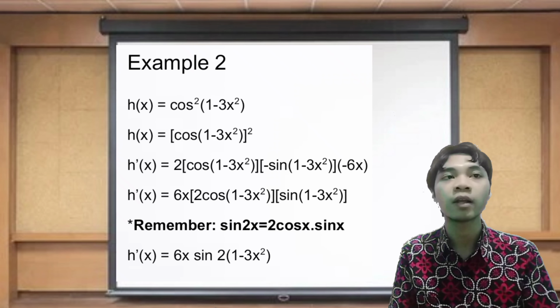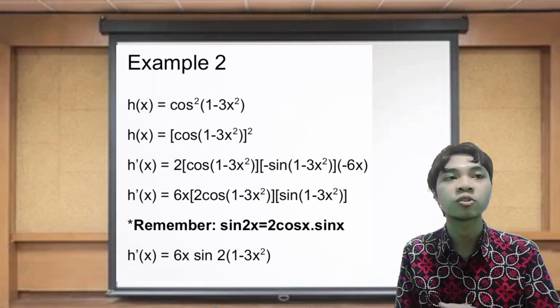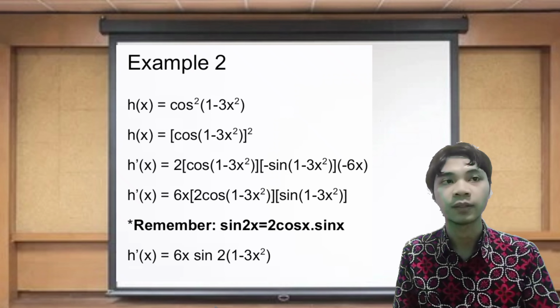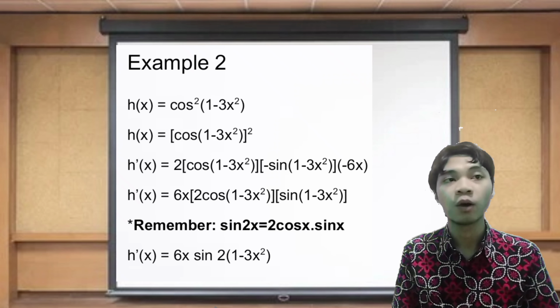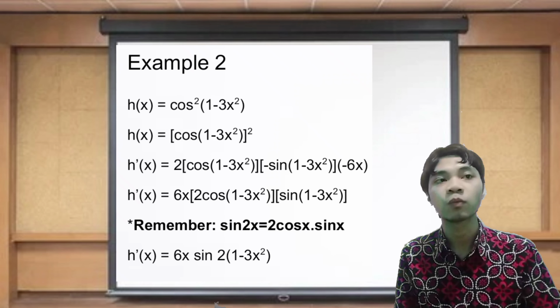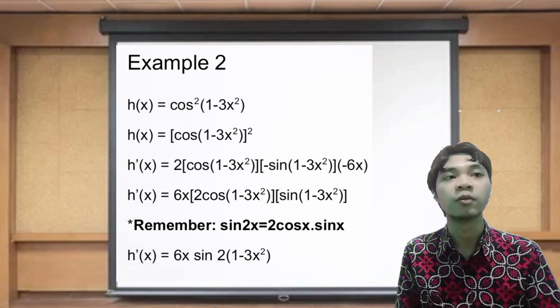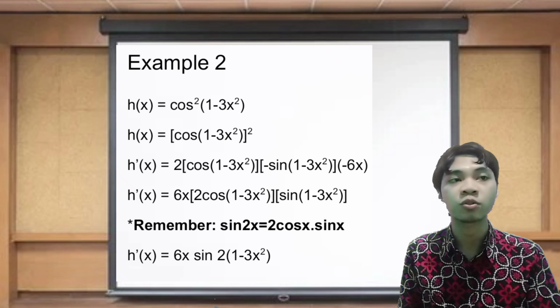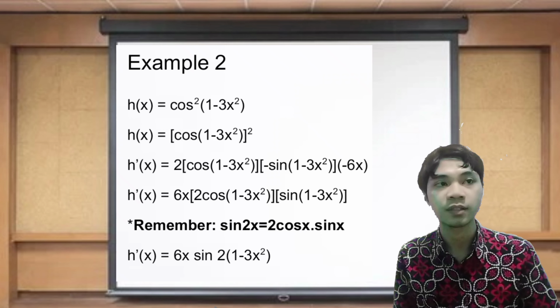We will find the derivative of cos(1 minus 3x squared) squared. By using the chain rule, we get 2 times cos(1 minus 3x squared) times minus sin(1 minus 3x squared) times minus 6x.